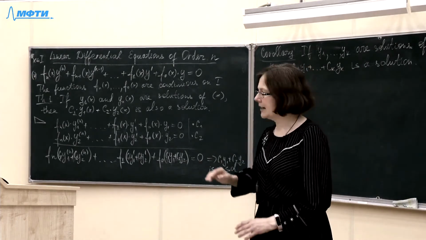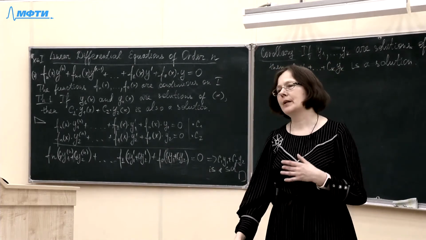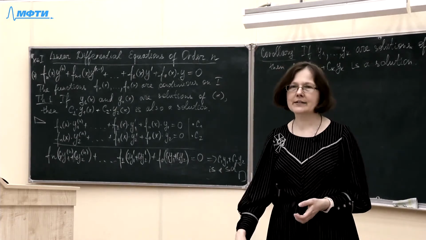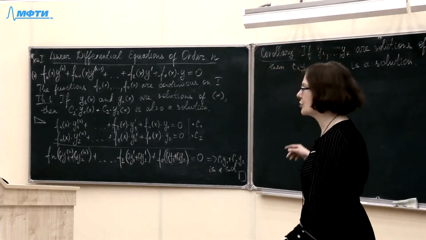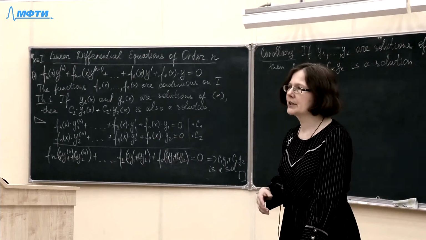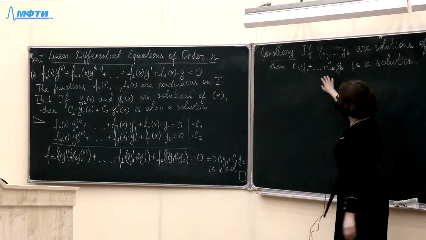But now I'd like to discuss the following problem. We need to know n linearly independent solutions to form a general solution, and an n-parameter family of solutions will be formed using this corollary, right?